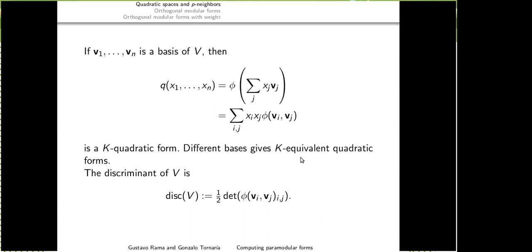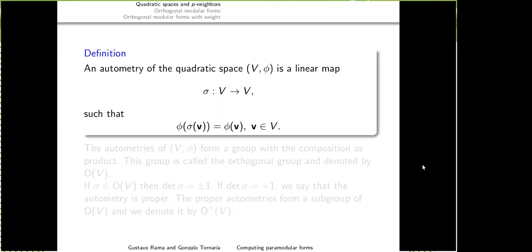Well, now we define the discriminant of B to be 1/2 of the determinant of the bilinear form in the elements of the basis. Now we define an autometry of the quadratic space to be a linear map that respects the quadratic structure of our space, like here.